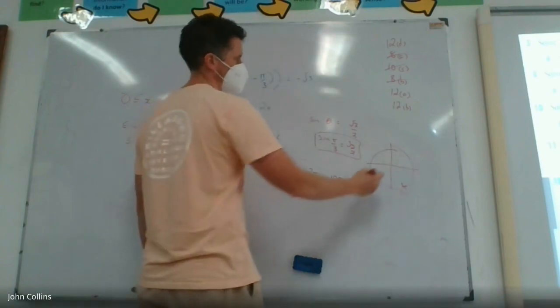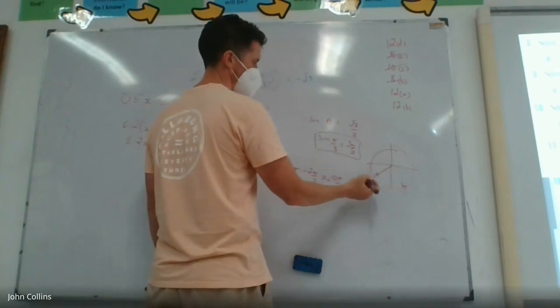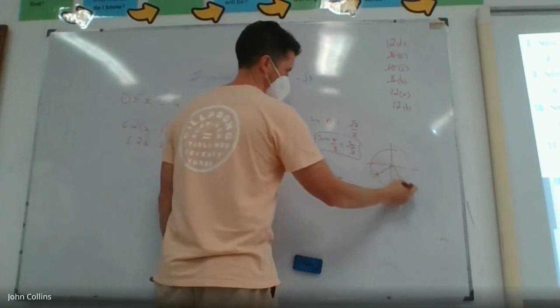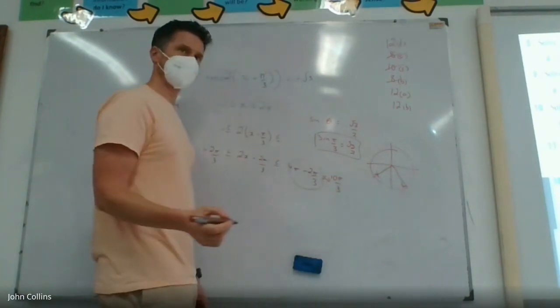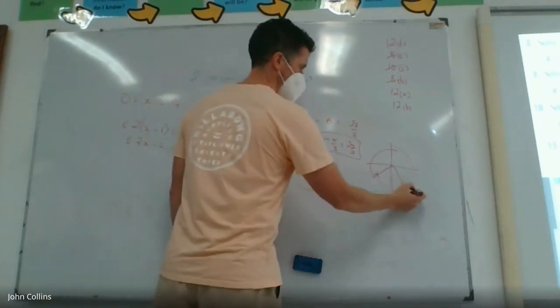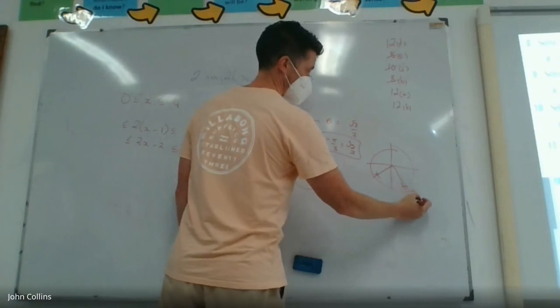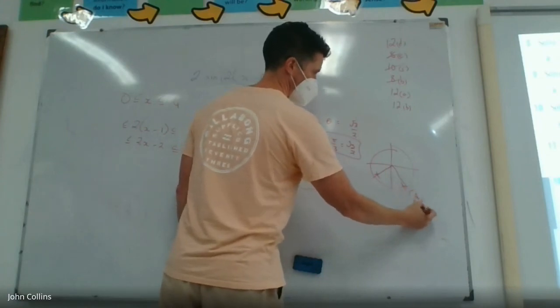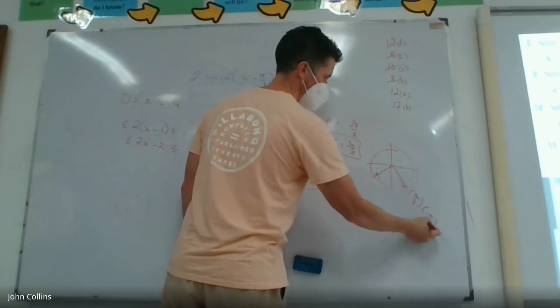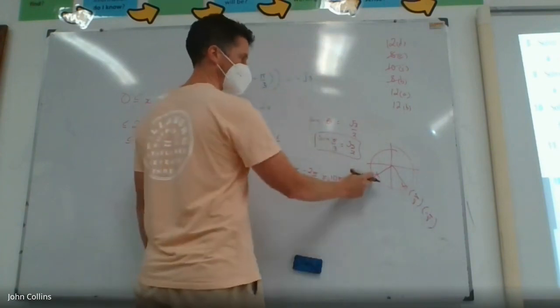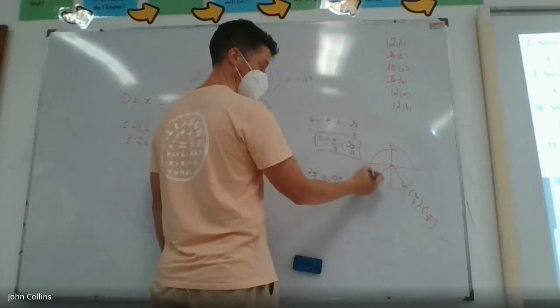Okay, so what's my angle here? It's a terrible circle. Angle here is going to be pi over 3, isn't it? It can also be negative pi over 3, depending on what direction you're going. Angle here, 4 pi over 3.